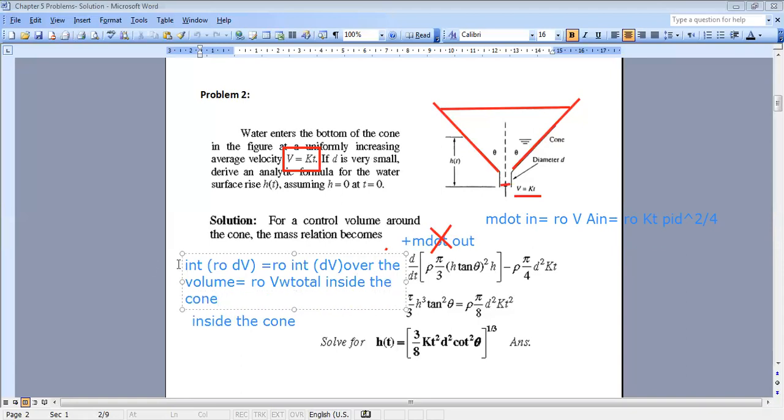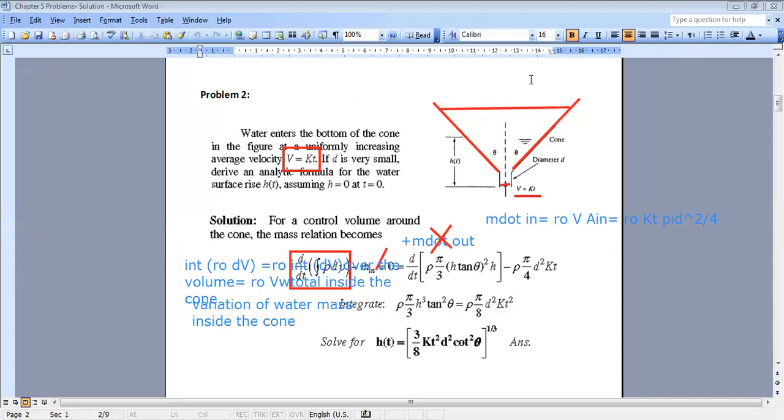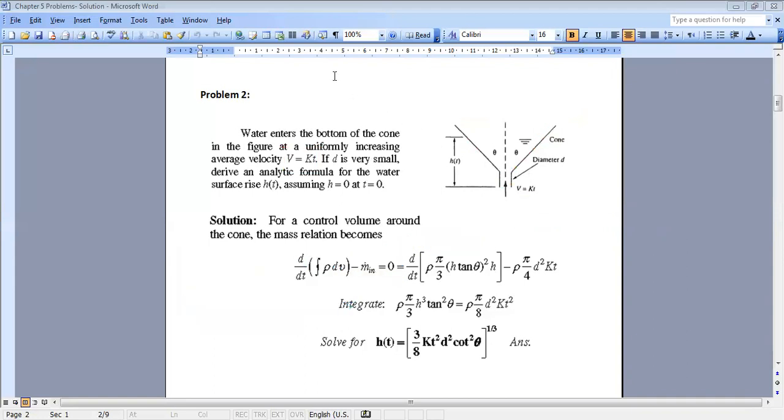Now, we can replace the integral of rho dv by rho times V. But how do we calculate the volume inside the cone? Who will tell me? Look, you have a conical shape, and they give you the information that d is very small. Why did they tell you d is very small? So that you can nearly treat it as a cone and neglect the effect of the small hole here.